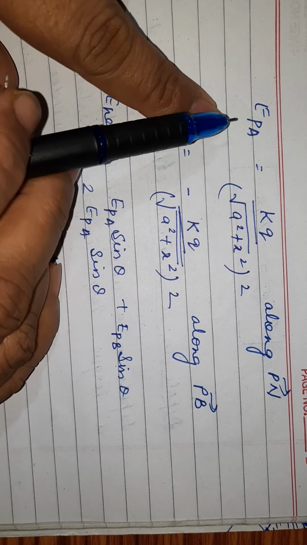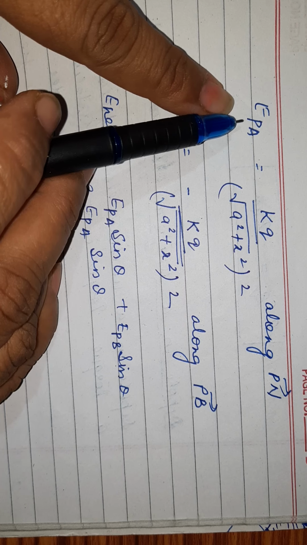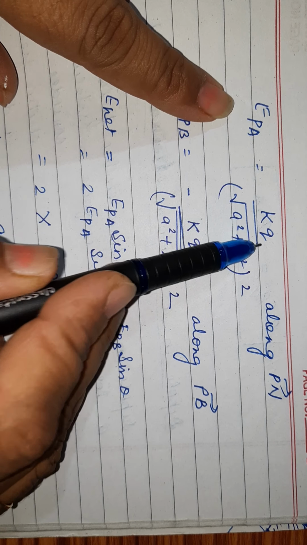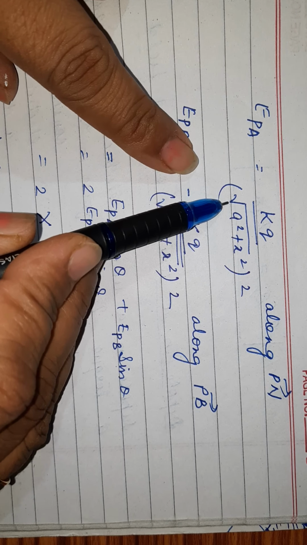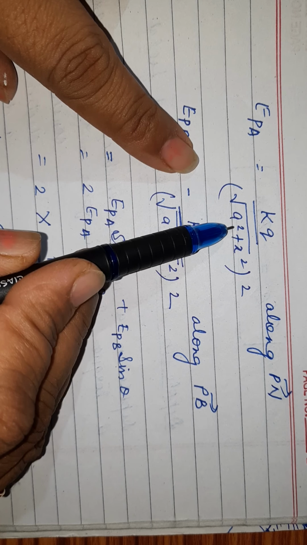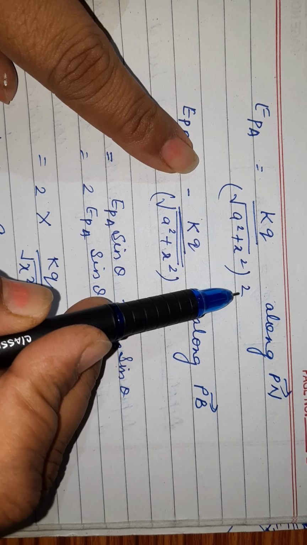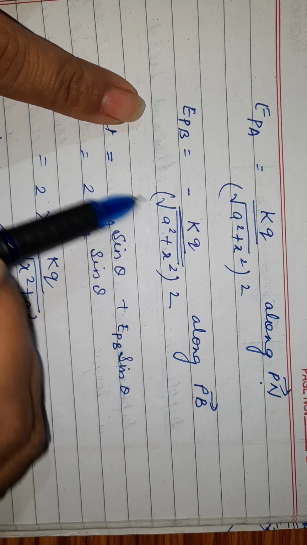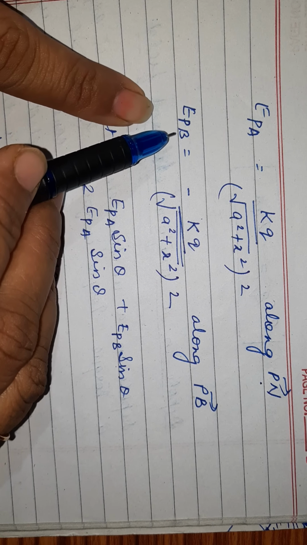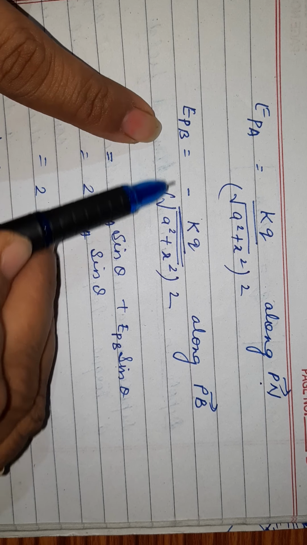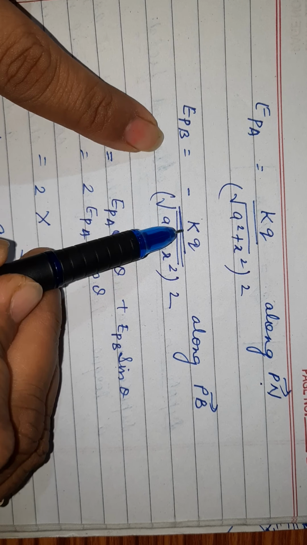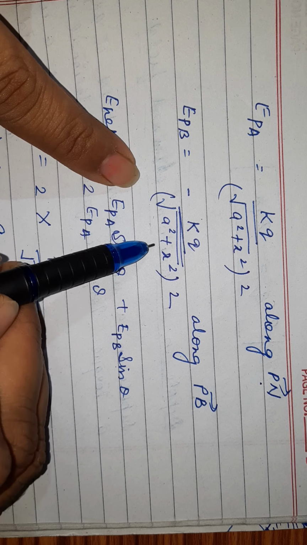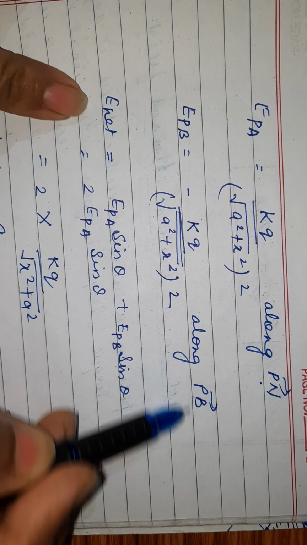So let us see the mathematical expression for this. EPA, electric field at P due to A, is kq upon root over of a square plus x square, whole square. This will be along PN. Fine. And electric field at P due to B will be equal to minus kq upon root over of a square plus x square, whole square, along PB.